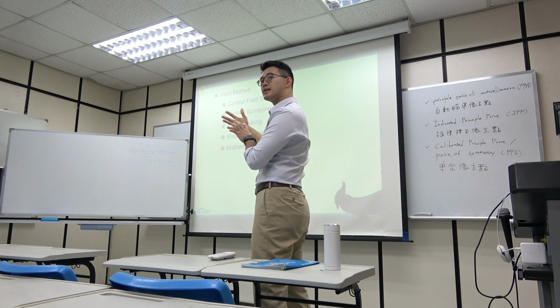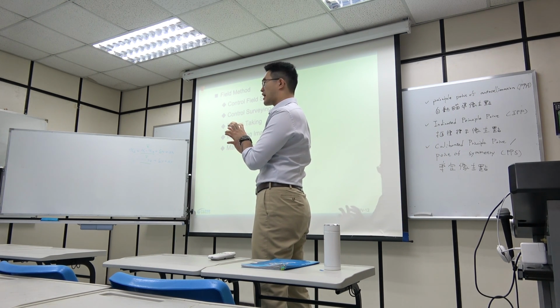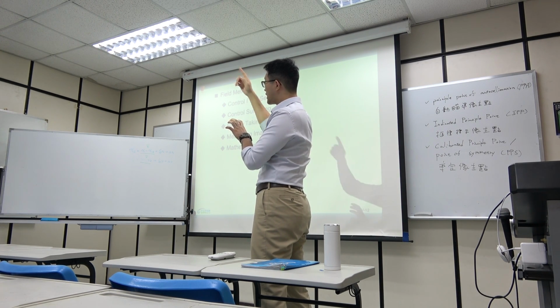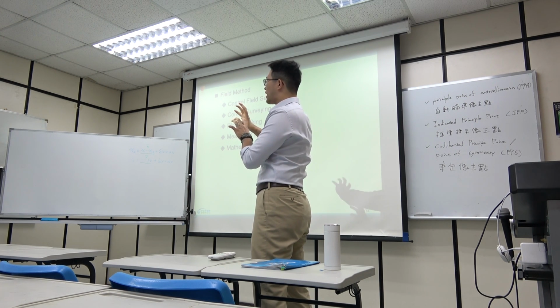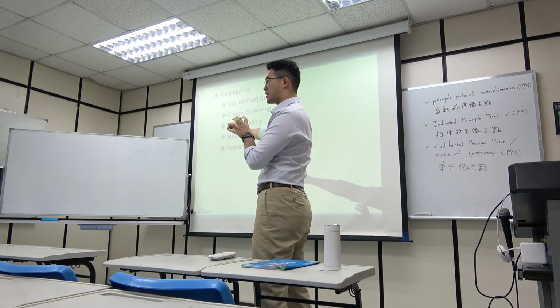If I have a perfect camera, then my principal point, my image coordinates, and object space coordinates should be collinear. So it must follow the perfect collinearity condition equation.